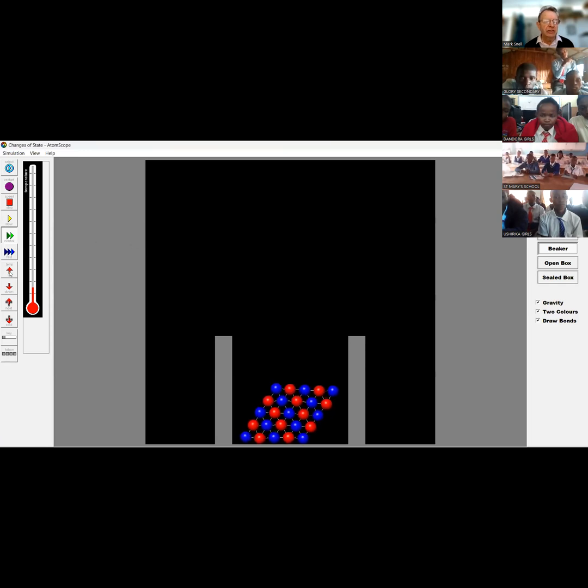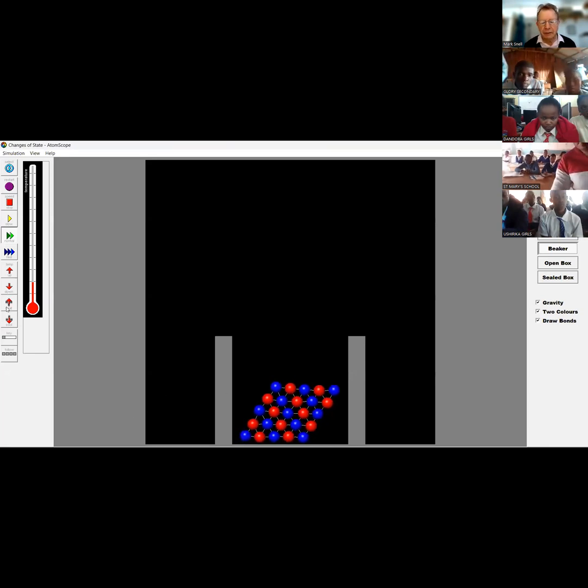As I increase the temperature a little bit more, they still can't get away, but now they are starting to vibrate a lot. The forces of attraction are the same strength, but because the particles are moving more violently, the forces are finding it more difficult to keep them together.